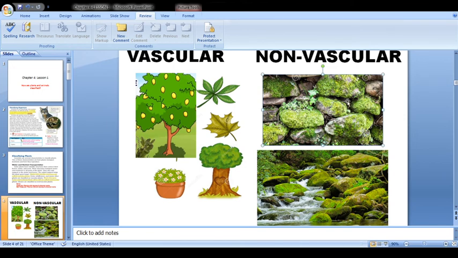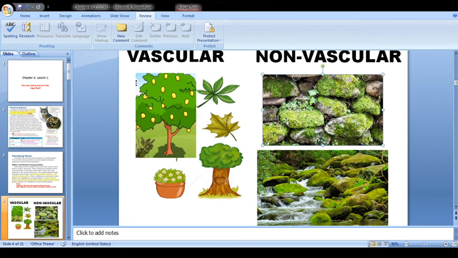They are just like this, green and sticky-looking. They are also plants, and they are called non-vascular plants. How do they send the nutrients? They have cells, and they send the nutrients from cell to cell.